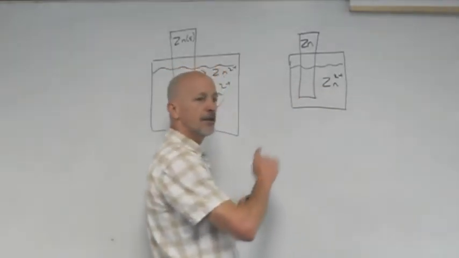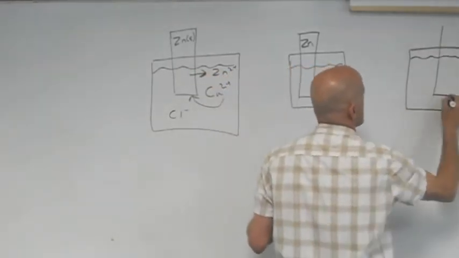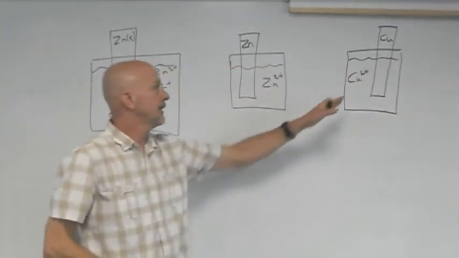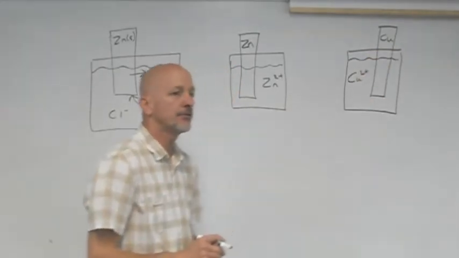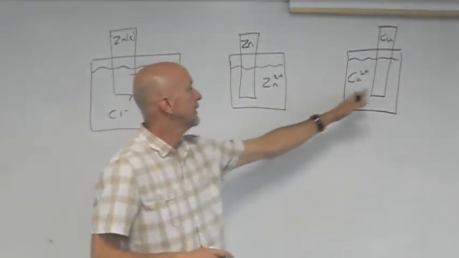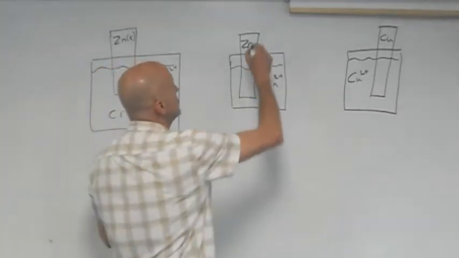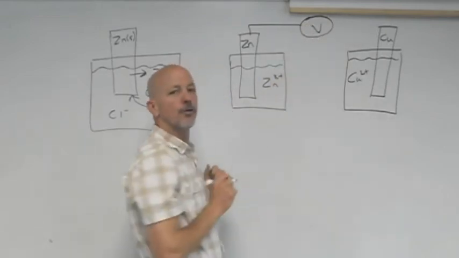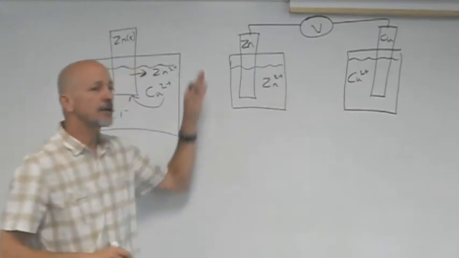In the other beaker I'm going to put copper in its positive ion or oxidized state and copper metal in its reduced, neutral state. I'm going to put that in another beaker. So I've separated the two out. And then I'm going to attach a wire to them. I need them to be able to exchange ions. I'm going to put a little voltmeter here so I can measure voltage. I'm going to put a wire there so that electrons can transfer.